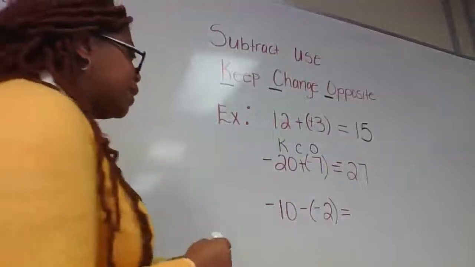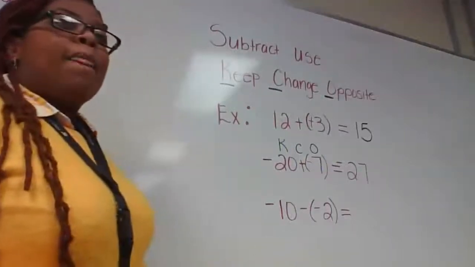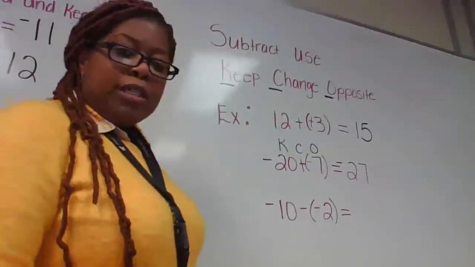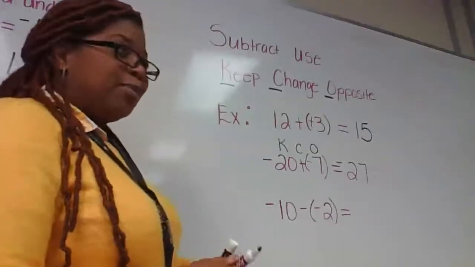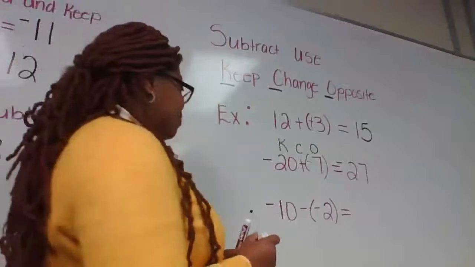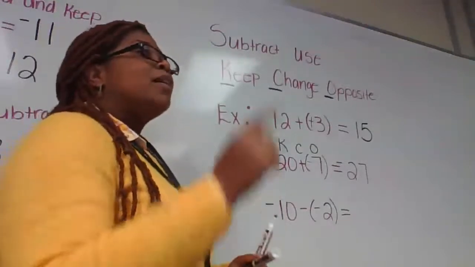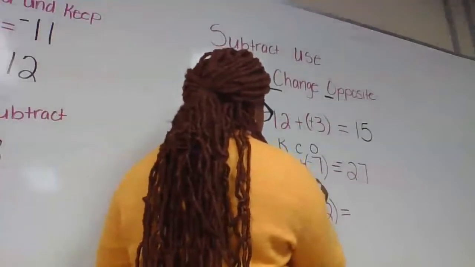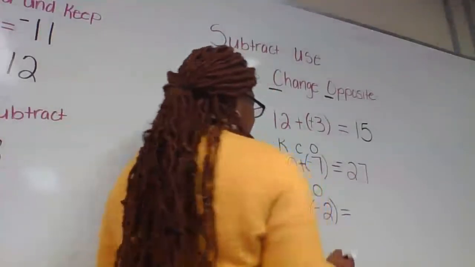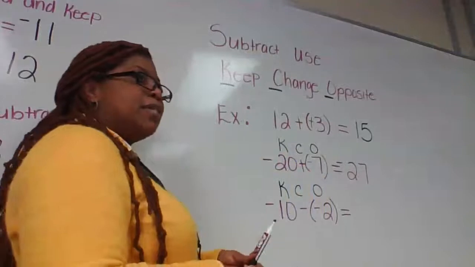Okay, last but not least, I'm going to give you a few moments to work this out for yourself. I think you all can do this one by yourself. You're doing well. Good. All right. So, KCO. And we're going to keep -10.